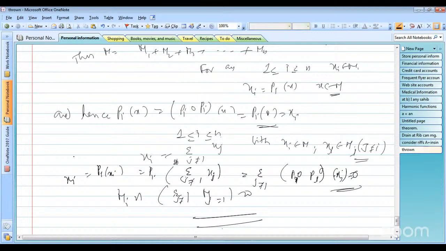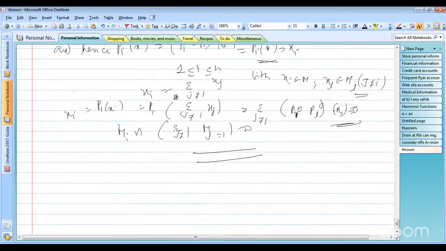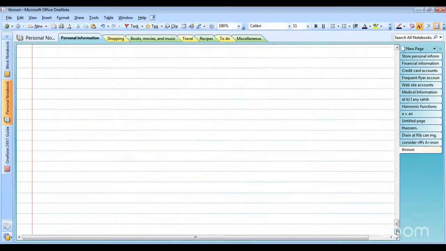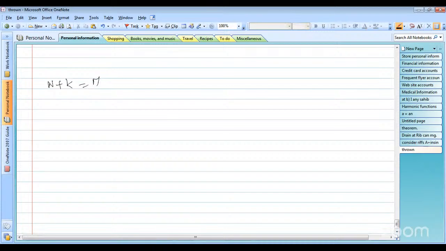A module M over a ring R, the following are equivalent. M is equal to N plus K and N intersection K is equal to 0.